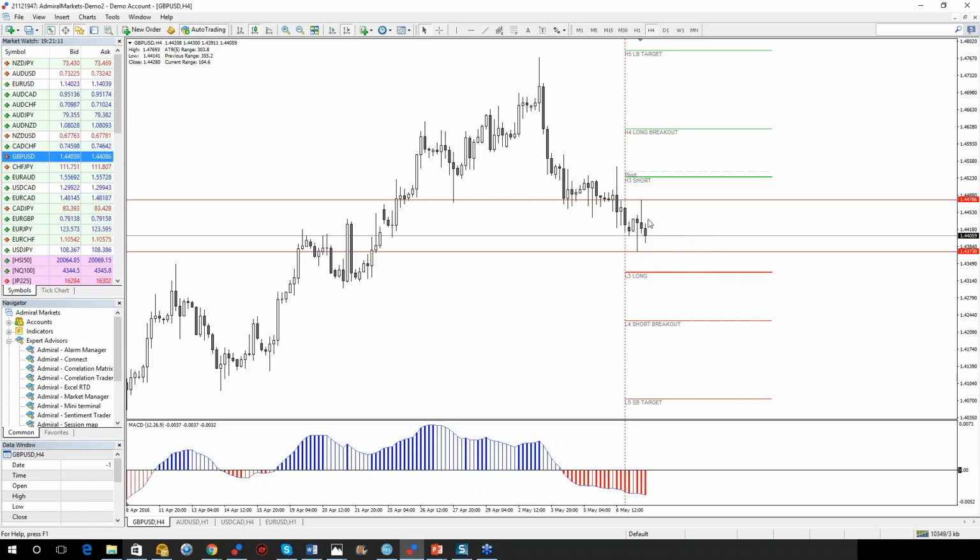Yes, Brexit is still in place, but fears of Brexit are somehow diminished. And don't forget that you have the Bank of England meeting where they will decide about their cash rates and further policy guidance, and the meeting will happen on Thursday.